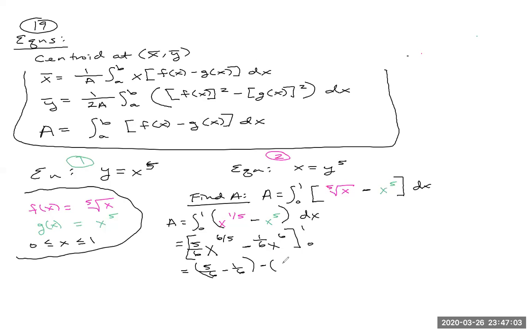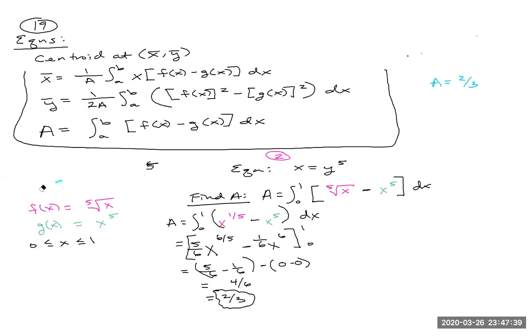And then if you were to plug in 0, you'd get 0 minus 0. So you get 4/6 out of this, which is 2/3. That's just the area. It's the part we need for right here and right here in the centroid. So we're not actually done yet, okay? All right, let me go ahead and clear a few details. Let me put up here what our area is equal to. And clear all this.